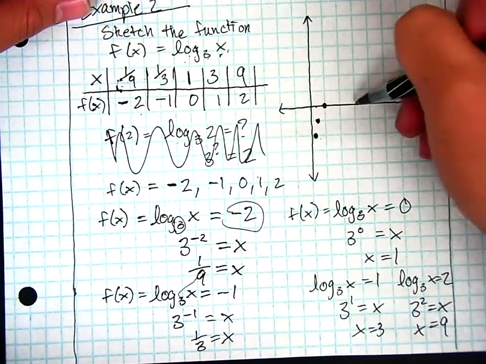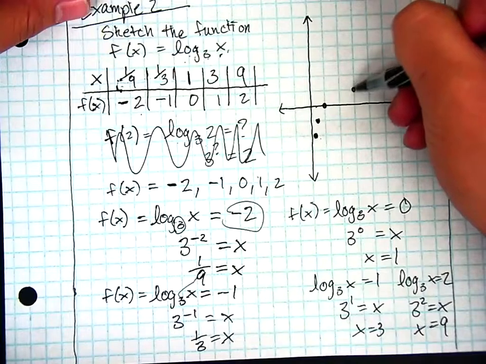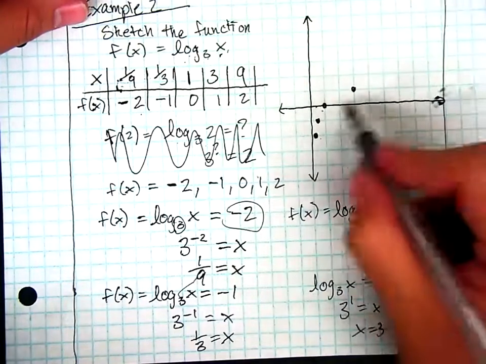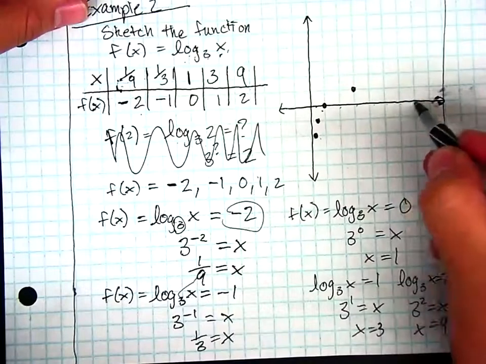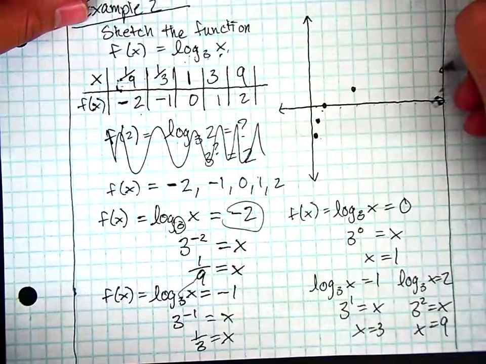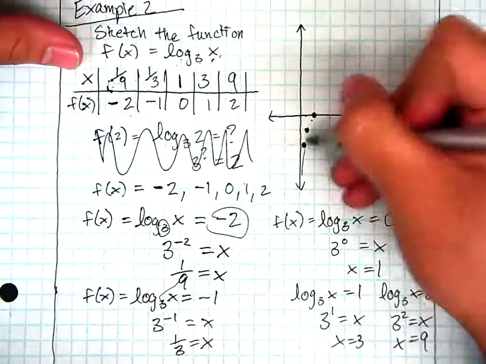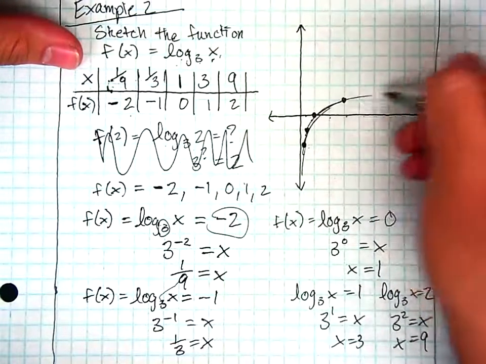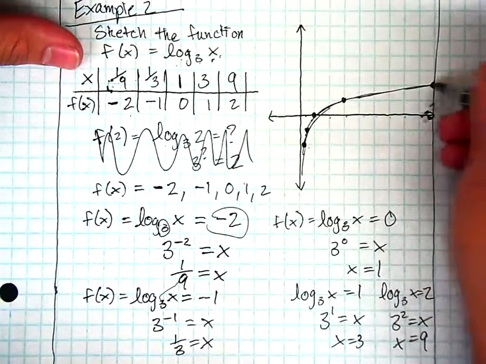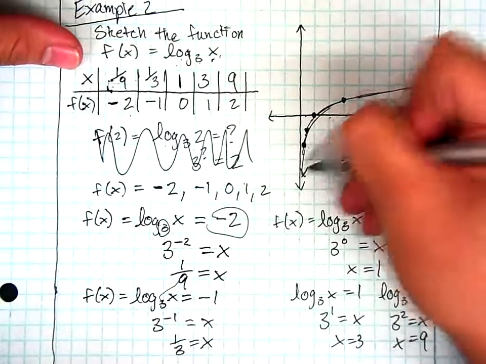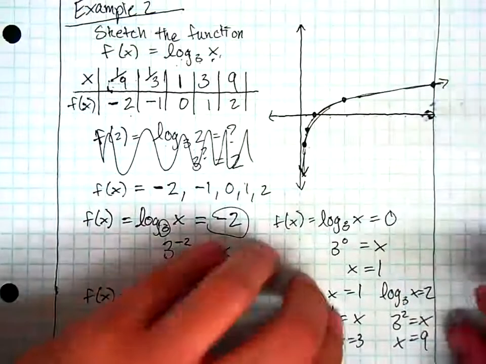At 1, I have 0. 3, I have 1. And then all the way at 9, 1, 2, 3, 4, 5, 6, 7, 8, 9, right over here, I'm at 2. So my logarithmic function will look something like that.